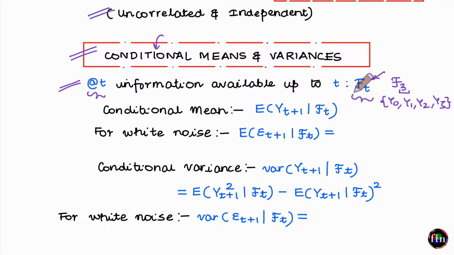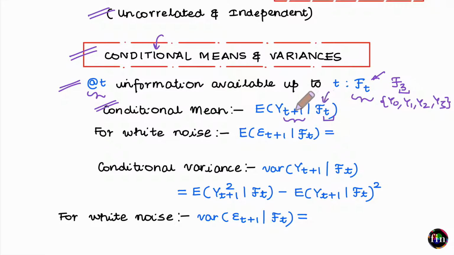So when I define the conditional mean, it's basically the expected value of the y that will be observed at the next time instant, which is t plus 1, given I have the information about this time series up to and including this time index t.